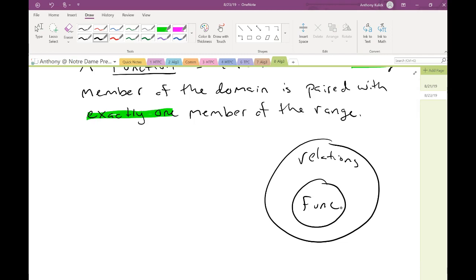Or at least, at best, they're the same size, right? But if you can find one relation that's not a function, you know, there's more relations. Everybody okay with that idea? Okay.